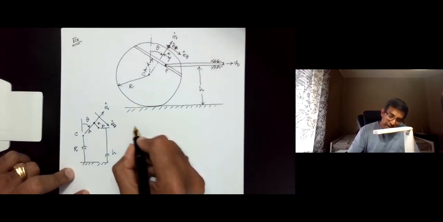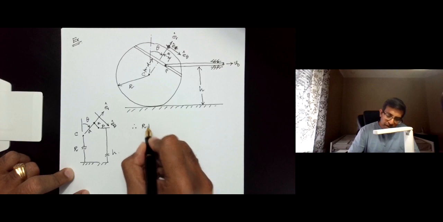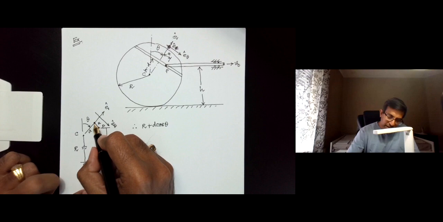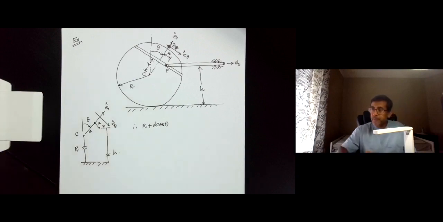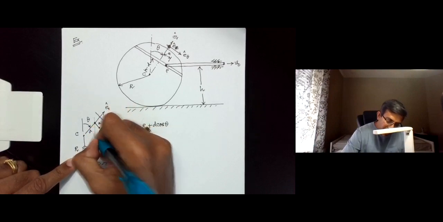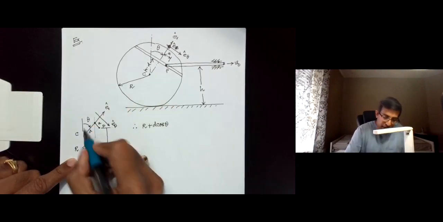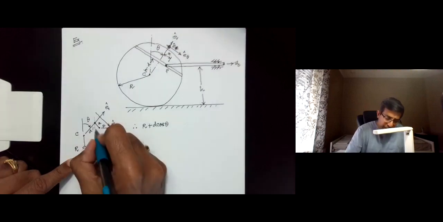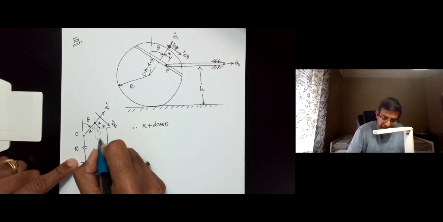So you can then say that R plus d cosine theta plus, now let's find out the vertical component of x. If you draw a vertical line parallel through this point, then if this is x, and this angle is theta, then the included angle is 90 degrees minus theta.